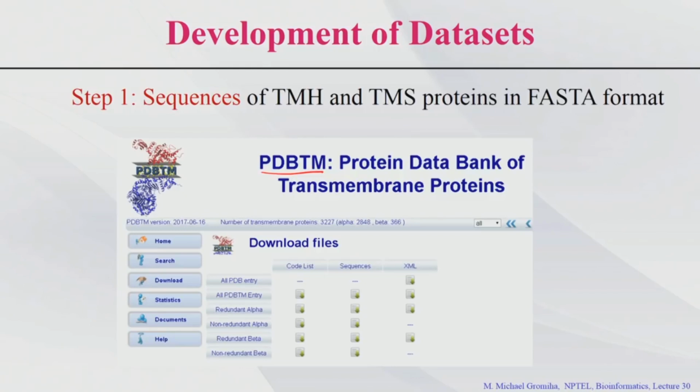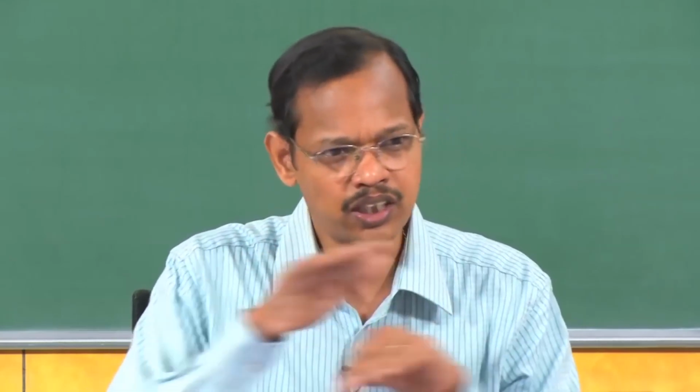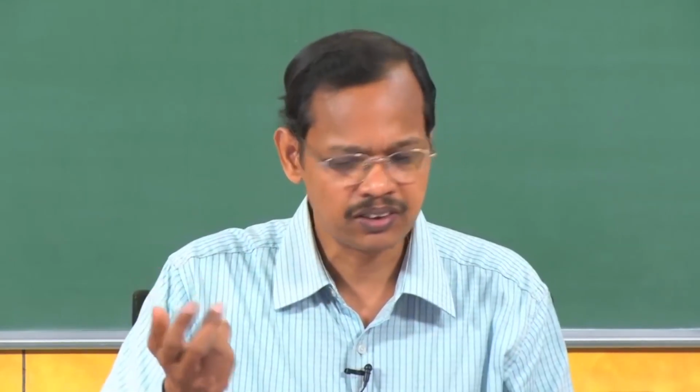PDB-TM is the Protein Data Bank of transmembrane proteins, and this is how they abbreviate it. In this database you can see different types of transmembrane proteins, either helical type or beta barrel type. It also has various options to extract the data based on the number of helices and number of strands. They have also developed a program to identify the residues located in the membrane or extracellular space, and so on.